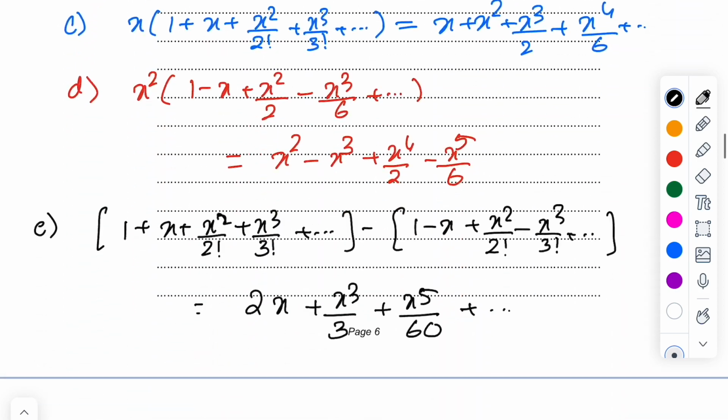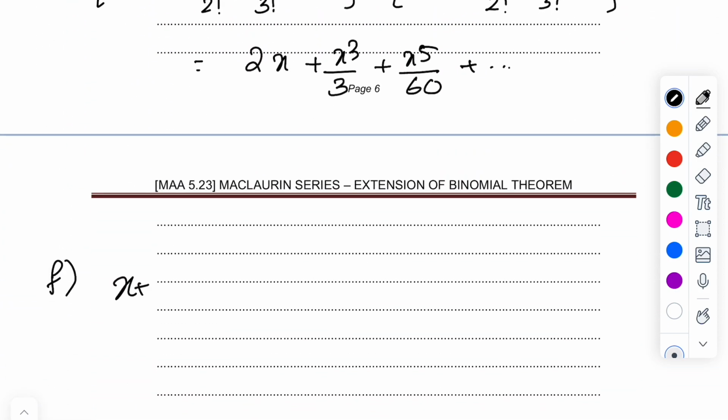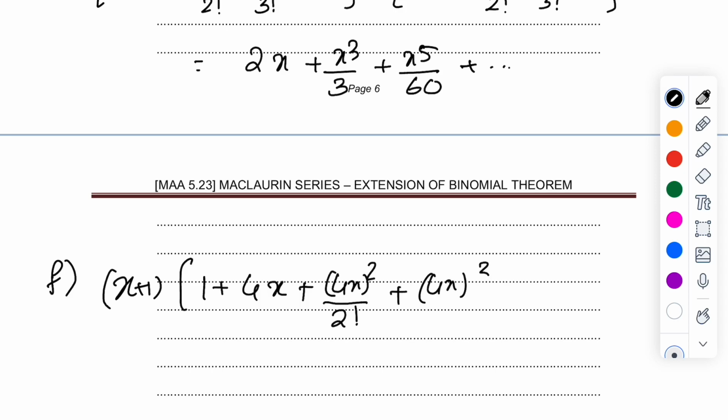And for part F, what is part F? x plus 1 times e power 4x. So plug in 4x over there. 1 plus 4x plus (4x) whole square upon 2 factorial plus (4x) whole cube upon 3 factorial and so on.